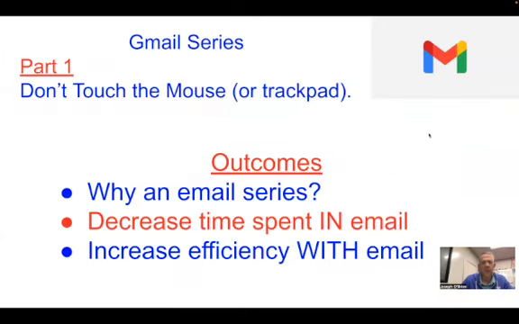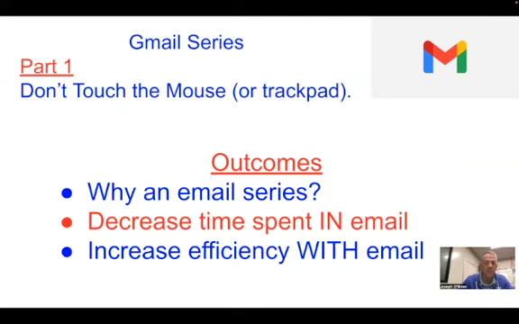In part one of this series, we're going to focus on something that will create some speed in working through your email. And in all 4 parts of these, we'll be spending some time in the settings of your Gmail and getting things set up to be the most efficient in email as you can be.